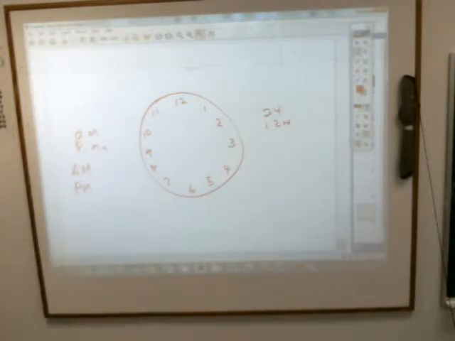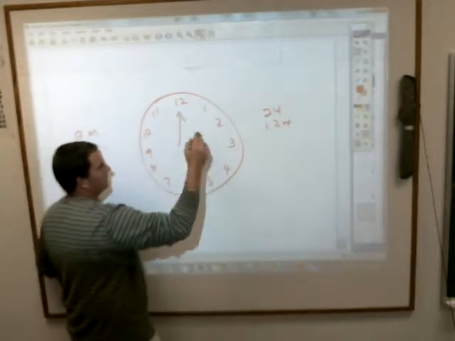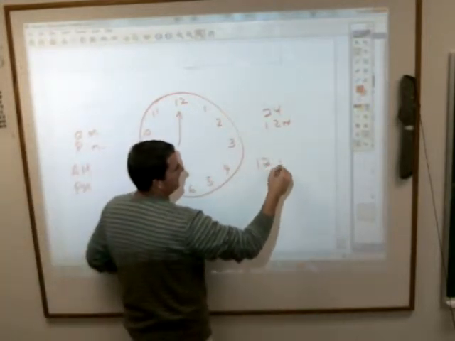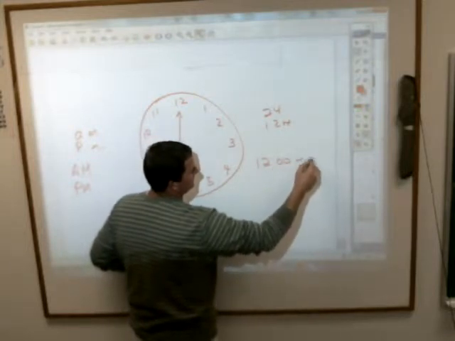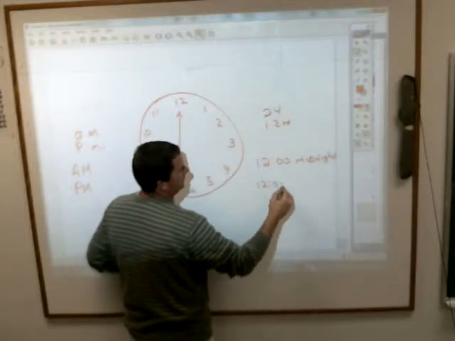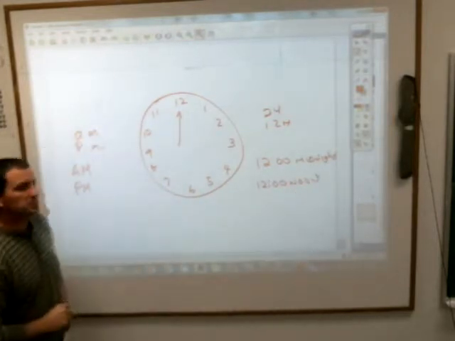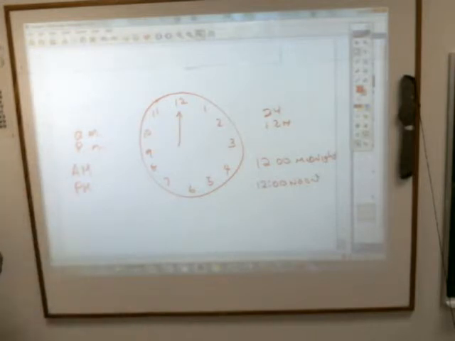But probably the toughest part is 12, knowing the difference between 12 o'clock midnight and 12 o'clock noon. Which one is AM and which one is PM? Do you know? Because they both fall exactly when AM changes to PM.